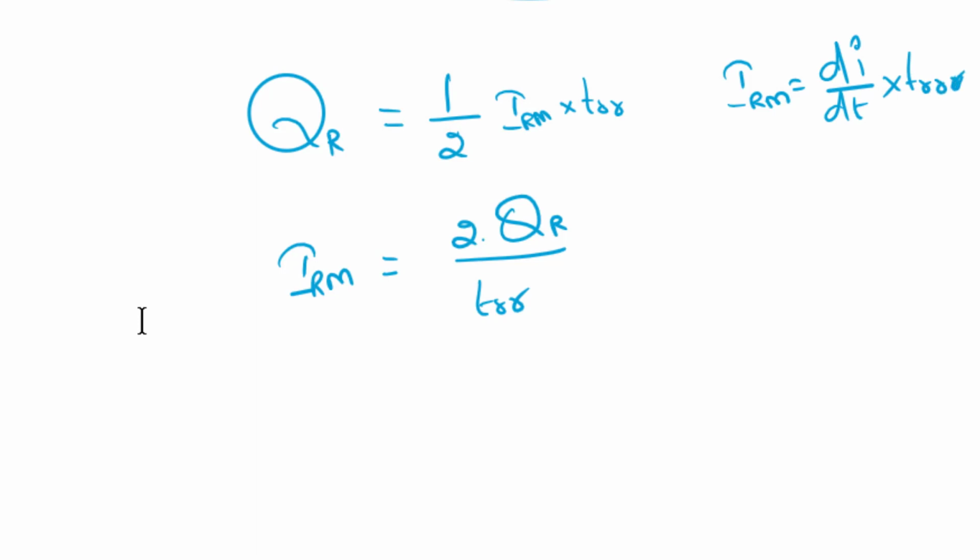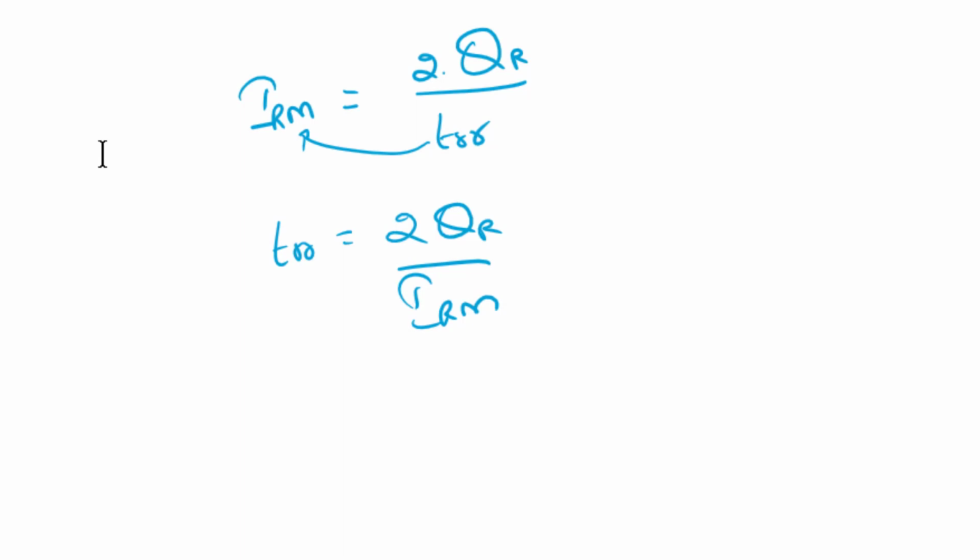Now you can equate this TRR and this TRR, TRR is equal to 2 into QR by IRM, and you can equate in IRM also, both ways. From this you can easily find the reverse recovery time and the reverse recovery current.